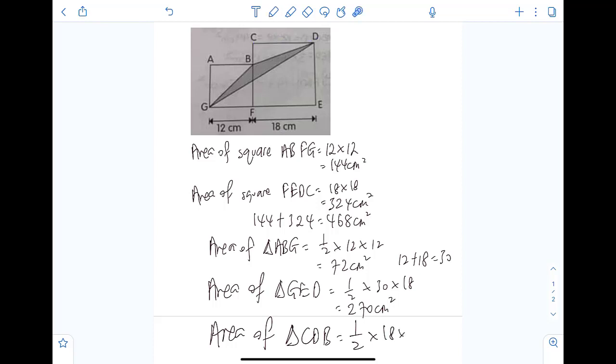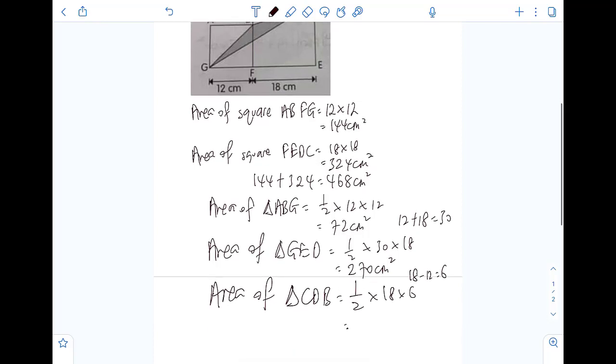Times the height is the difference between 18 and 12. 18 minus 12, that will be the height of this small triangle. 18 minus 12, that will be 6. Okay, so times 6. $54.